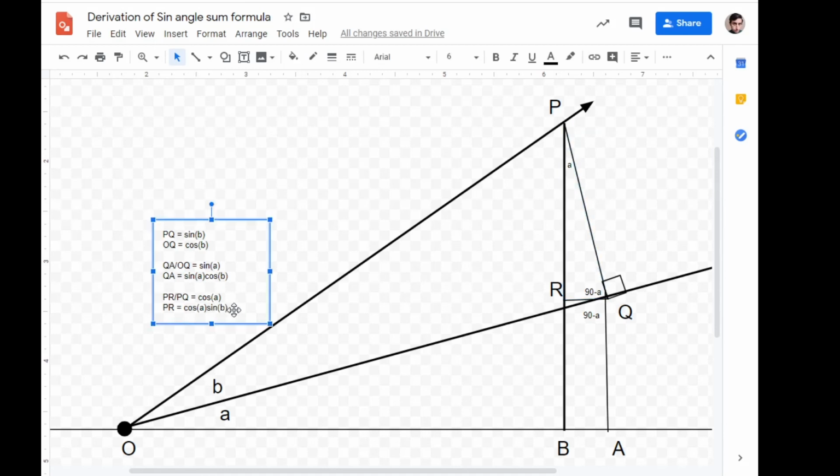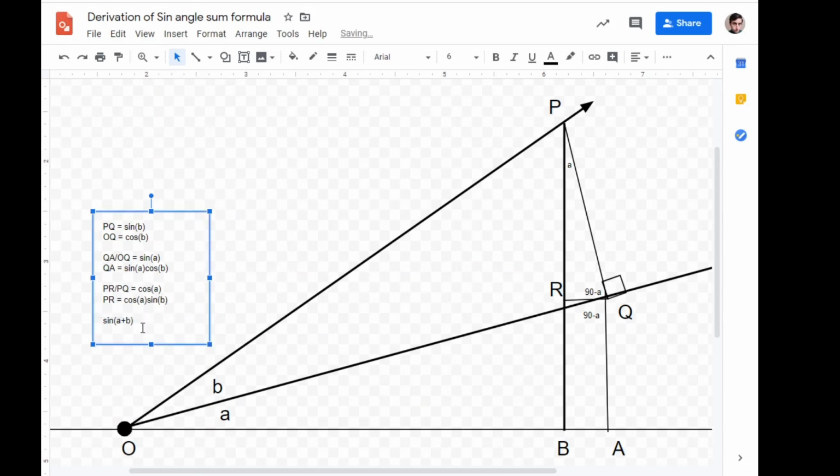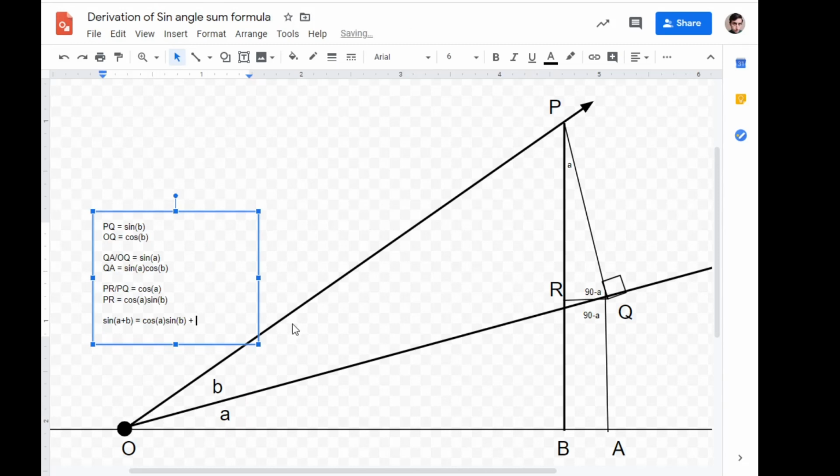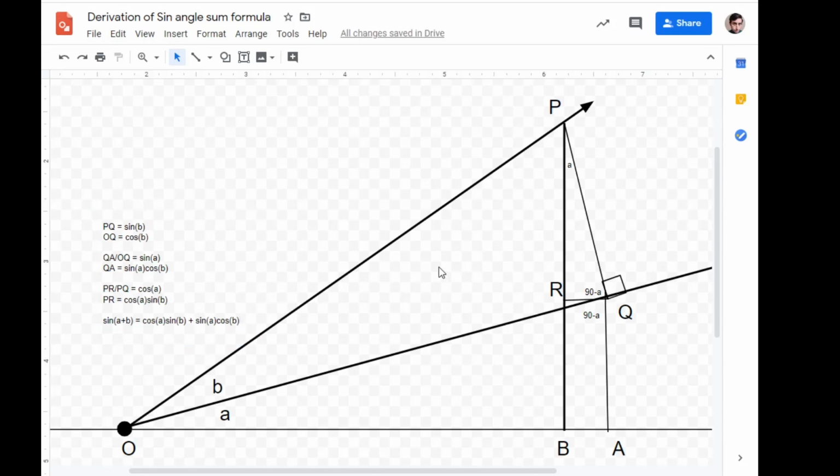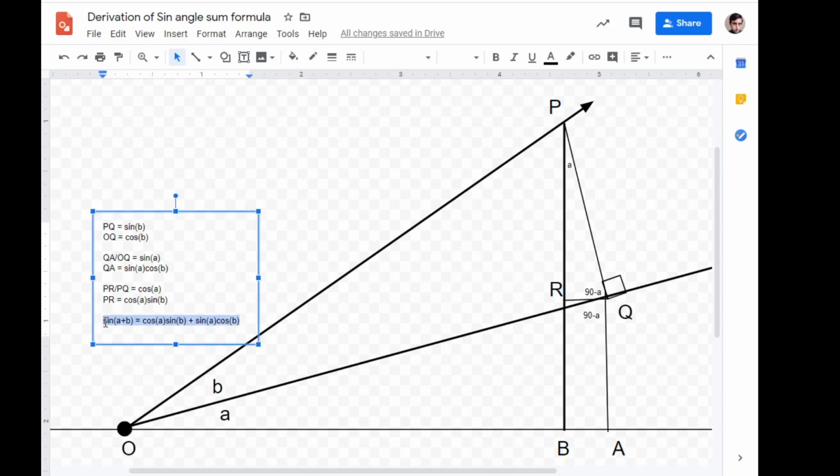So we can say sine of A plus B equals from P to R, which is cosine of A times sine of B, plus from R to B, which is the same as from Q to A, and we say here QA is sine of A cosine of B. And so that is how we get this formula, which is the sine sum formula.